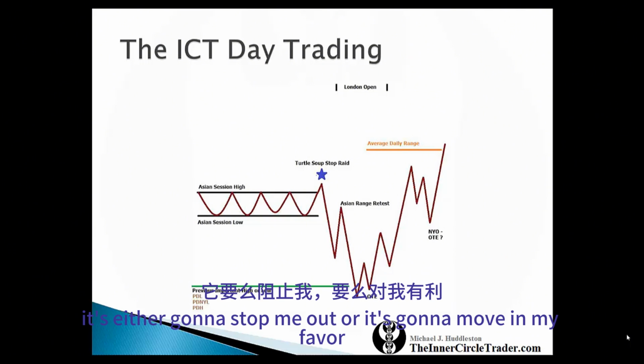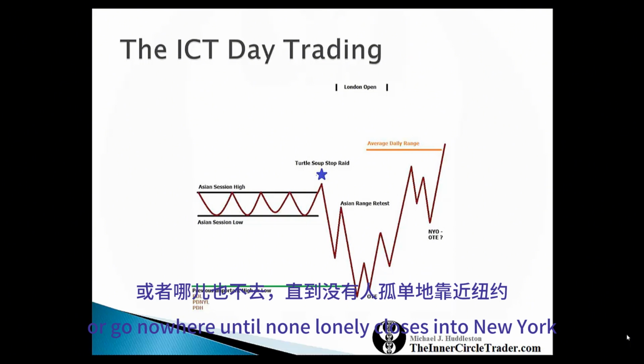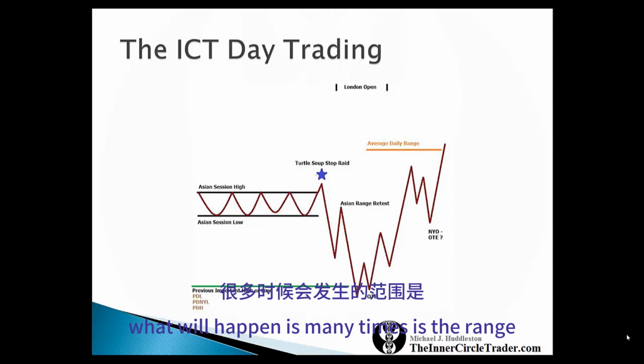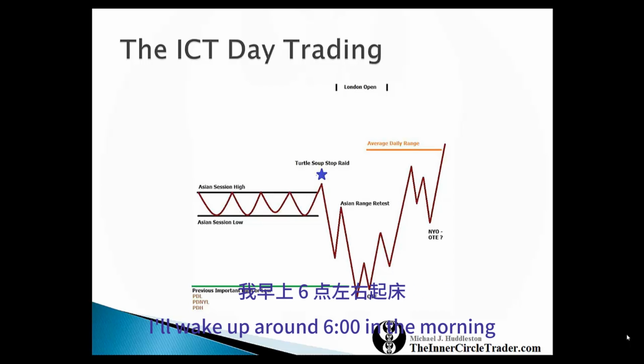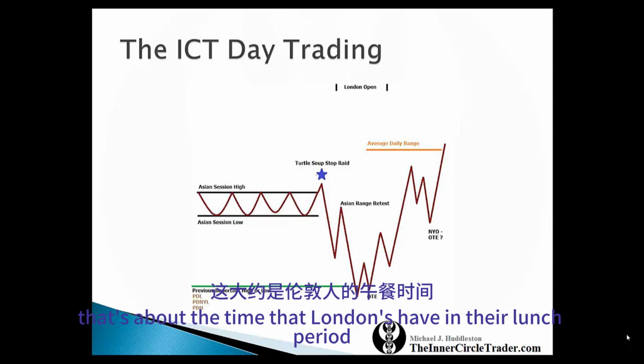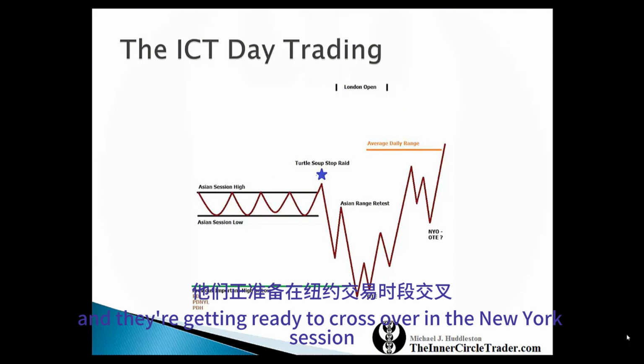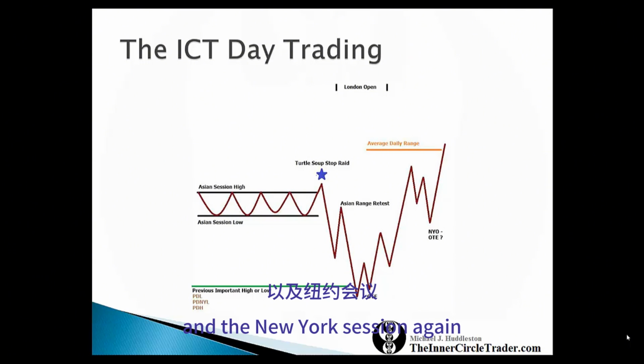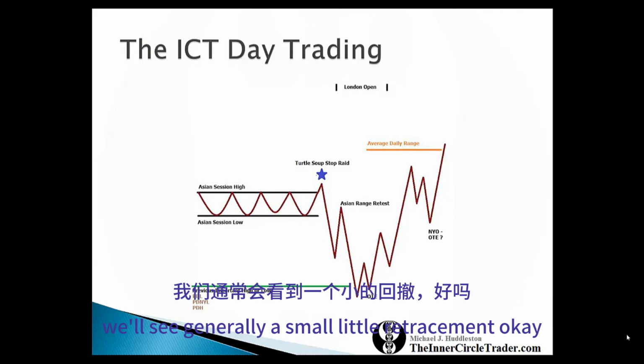It's either going to stop me out or it's going to move in my favor or go nowhere until London closes into New York. So what will happen many times is the range, if I'm right, will expand to the upside. I'll wake up around 6 o'clock in the morning. That's about the time that London's having their lunch period, and they're getting ready to cross over into New York session. Now, the New York session, again, we'll see generally a small little retracement.